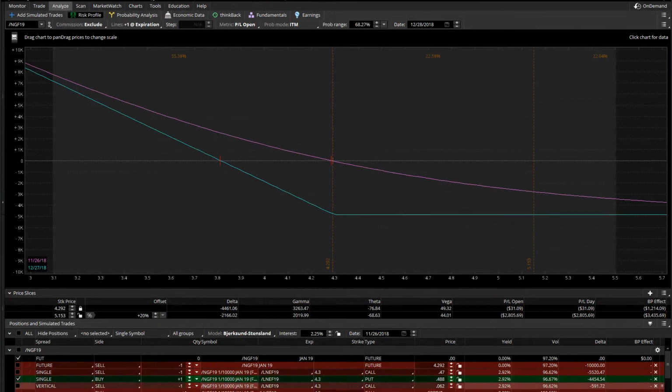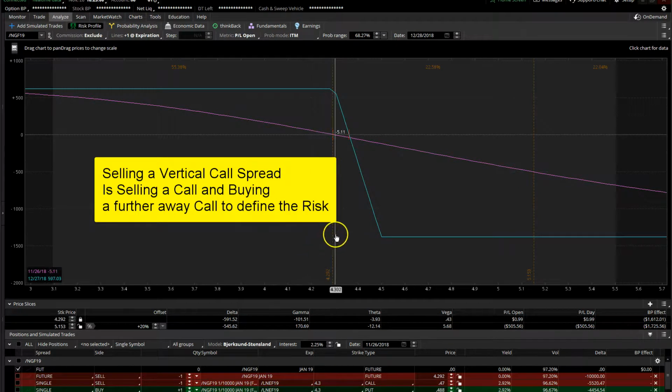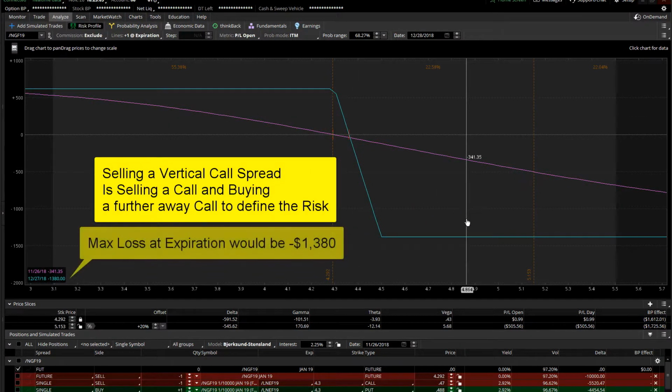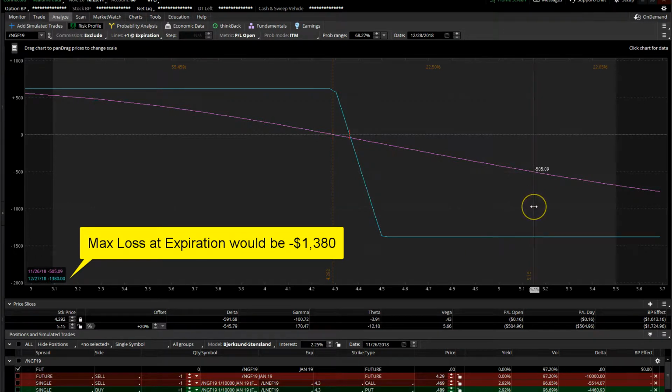And what about a vertical, right? Instead of this long put, if we do a vertical, just one, our max loss is going to be only $1,300, and at that price we'll be losing like $500, and at expiration again $1,300.